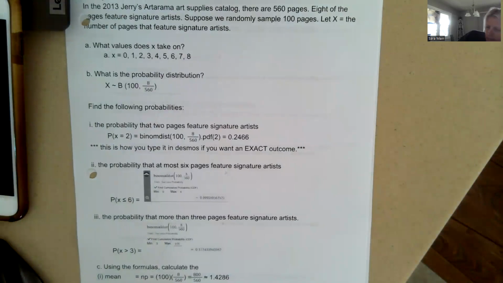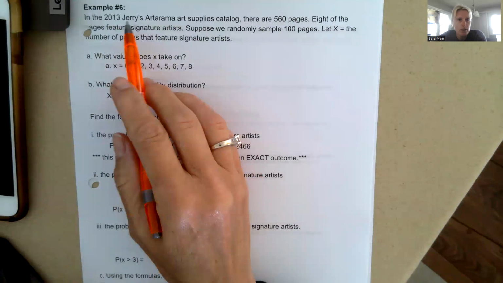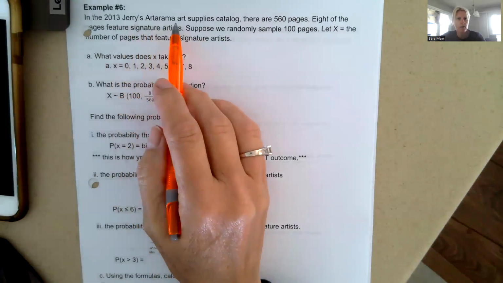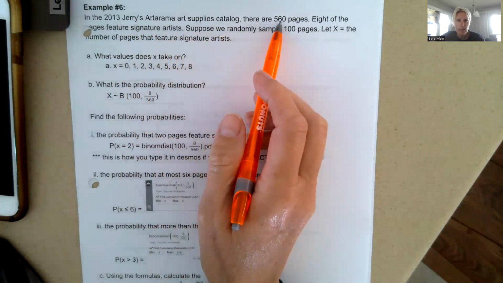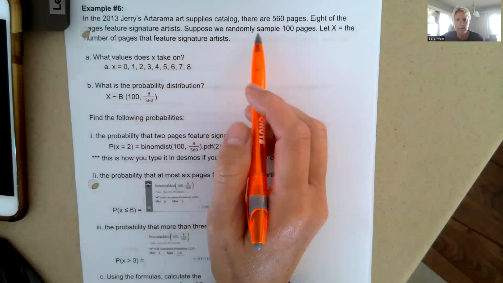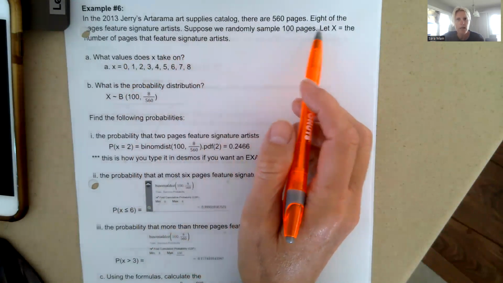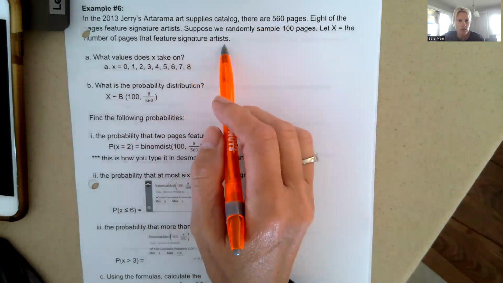Let's look at the next example. It says in the 2013 Jerry's Terama Art Supplies catalog, there are 560 pages. 8 of the pages feature signature artists. Suppose we randomly sample 100 pages. Let X equal the number of pages that feature signature artists.